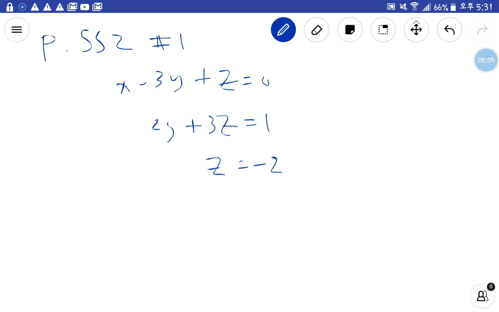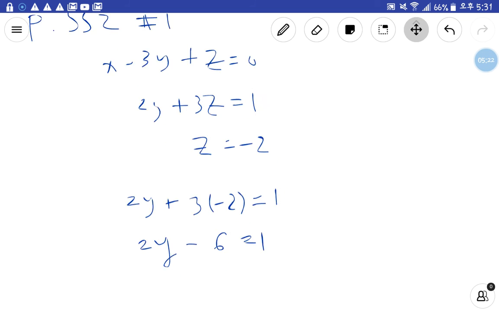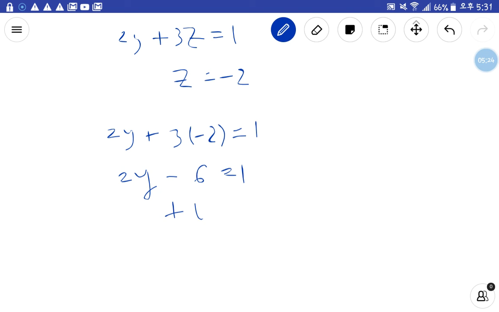As we just practiced, I'm going to plug negative 2 in for z so that I can get my y value. 2y plus 3 times negative 2 equals 1. So 2y minus 6 equals 1. Now I'm going to add 6 to each side, and my 2y would be 7. Now you divide by 2, then your y would be 3.5.